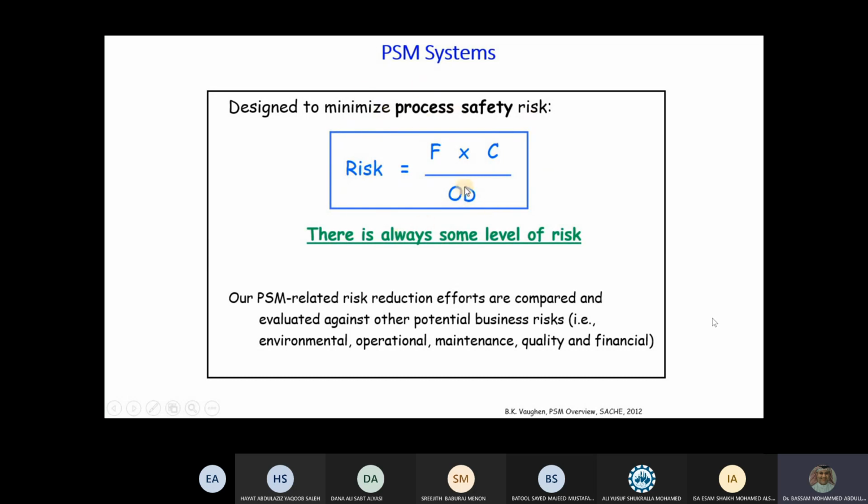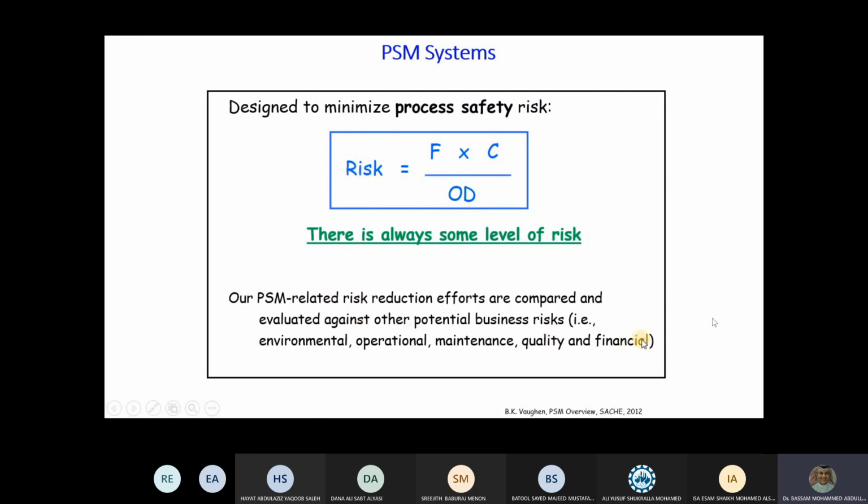That is the equation that we have in our PSM, process safety management. You compare the risk reduction efforts and evaluate them against potential business risks, and the risks we are talking about here could be environmental, operational, maintenance, quality, and financial. So there are many kinds of risks, not only risks to a person.